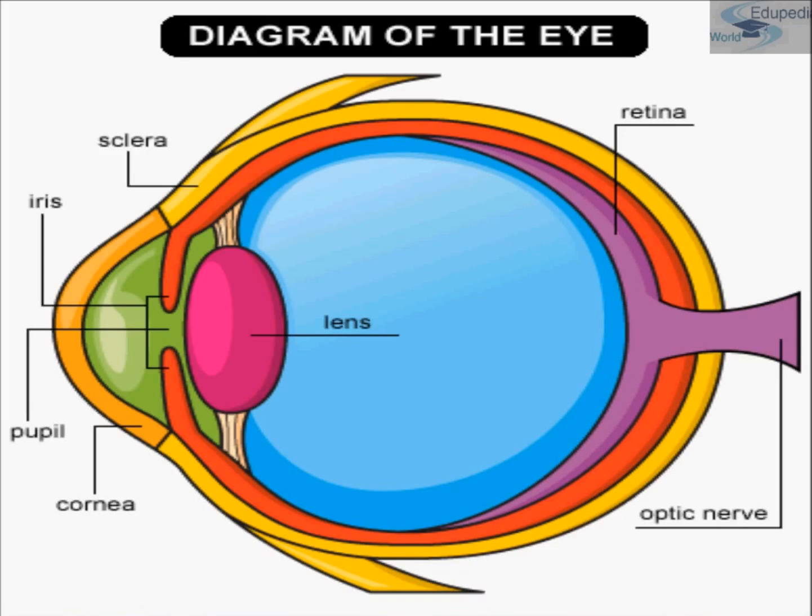Behind the cornea, just behind the cornea, the space is filled with a liquid called aqueous humor. This is your aqueous humor. And behind that, a crystalline lens. Now comes iris. This red portion is your iris.